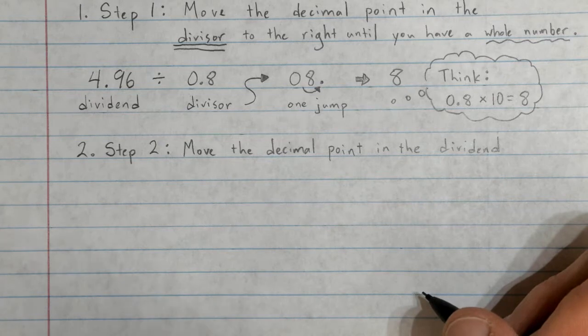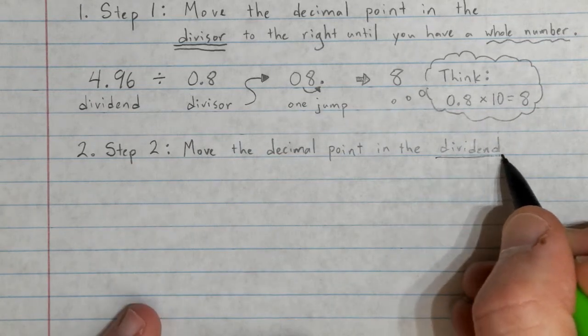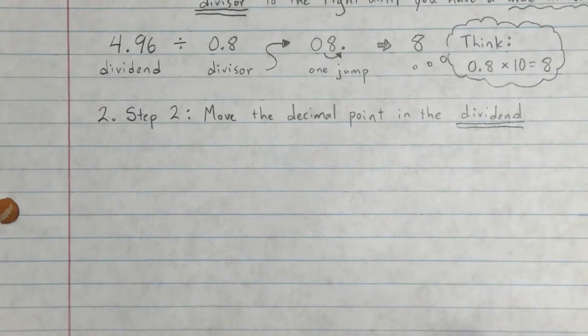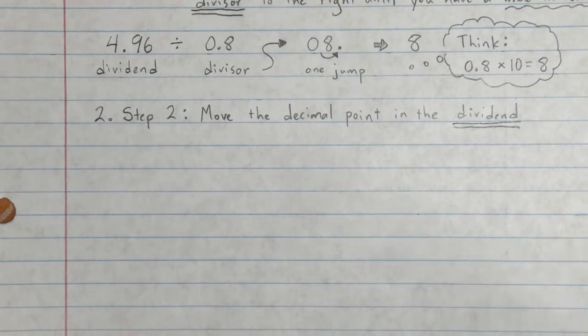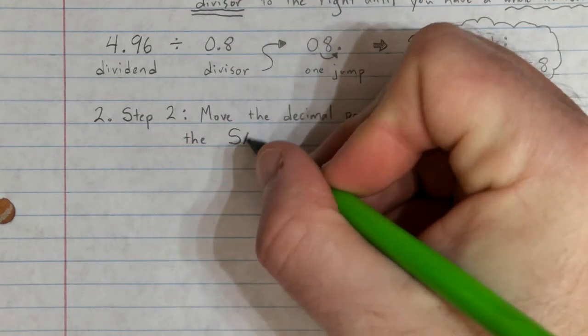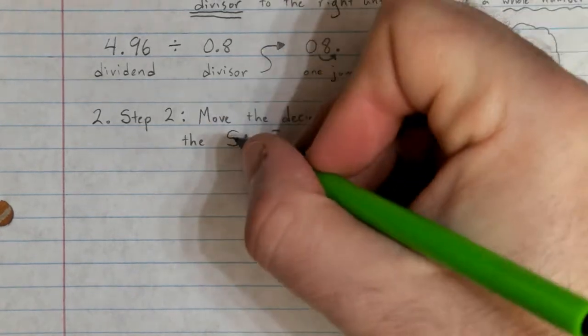We're kind of going backwards. We're going to move the decimal point in the dividend now, but it must be moved the same number of places.